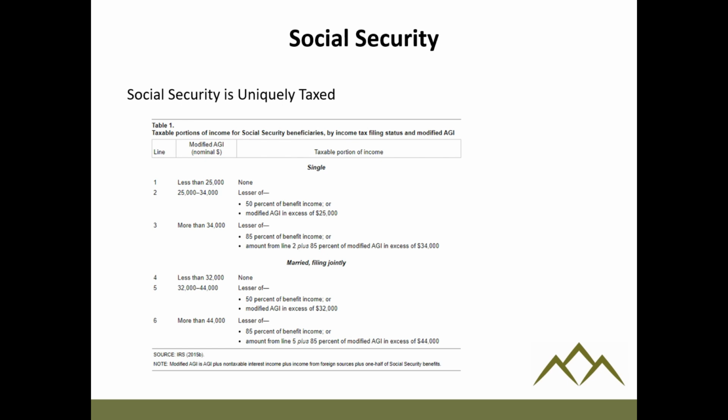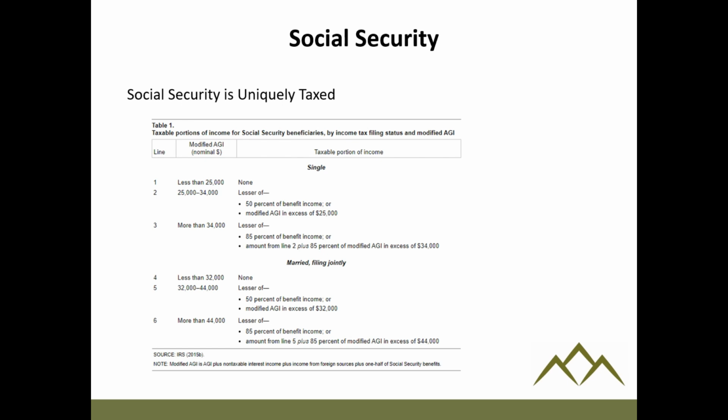For instance, if you're married filing jointly and your modified AGI, which is a play on the adjusted gross income calculation I was referring to earlier, and I'm not going to go into the details because it's a little archaic in how it's calculated, but if your modified AGI, which is going to be pretty close to your AGI before Social Security, is less than 32,000, you don't pay taxes on any of it.